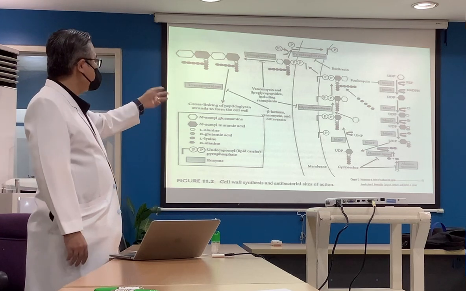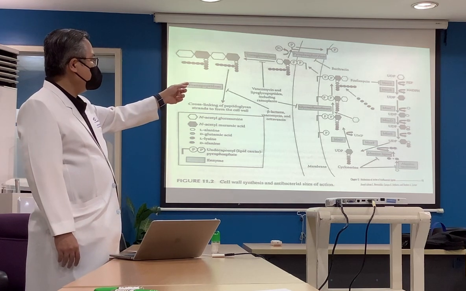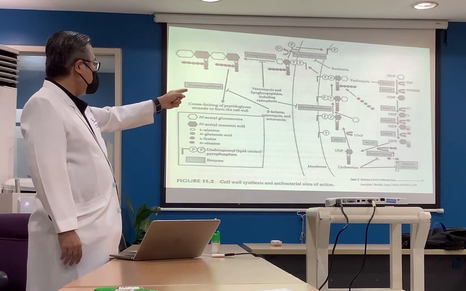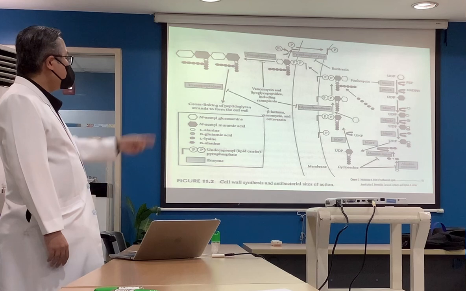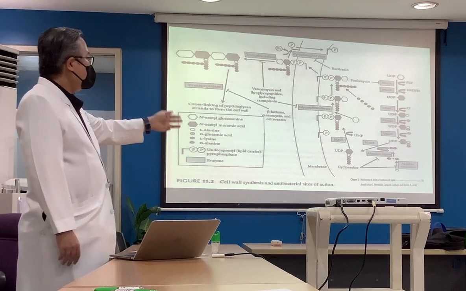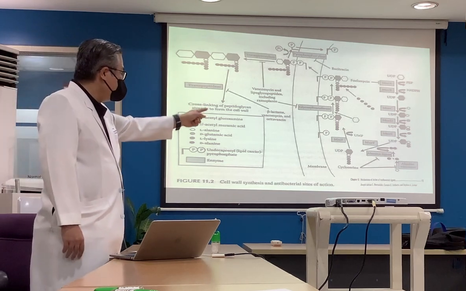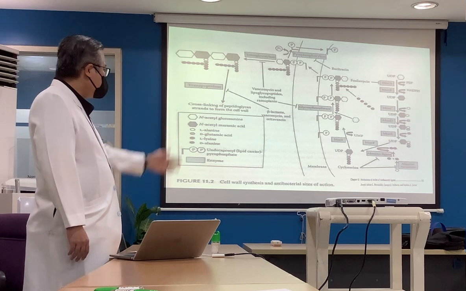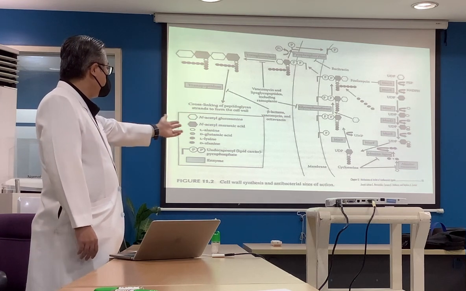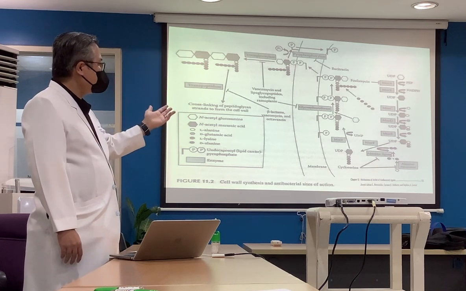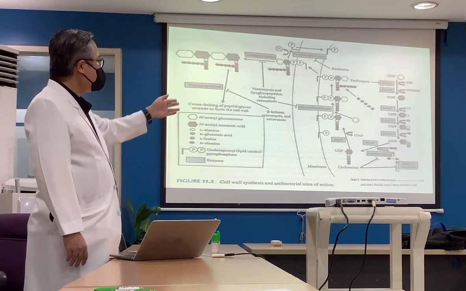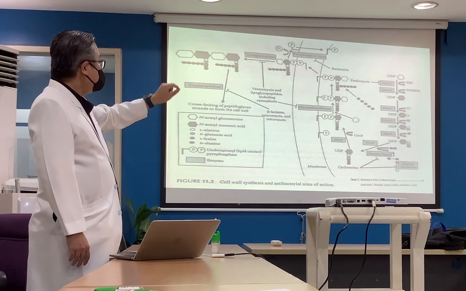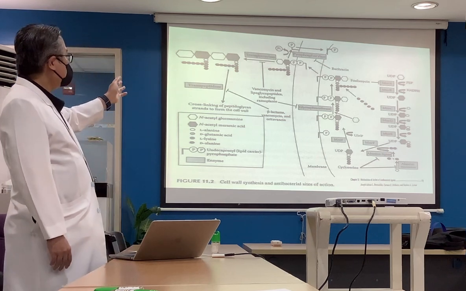First, it turns into an N-acetylmuramic acid, and then you add an L-alanine, a D-glutamic acid, lysine, and then two alanines. Once you've added the two alanines, you already have almost how it looks like. A couple more processes, and then you transfer it out of the membrane, and there you have it.